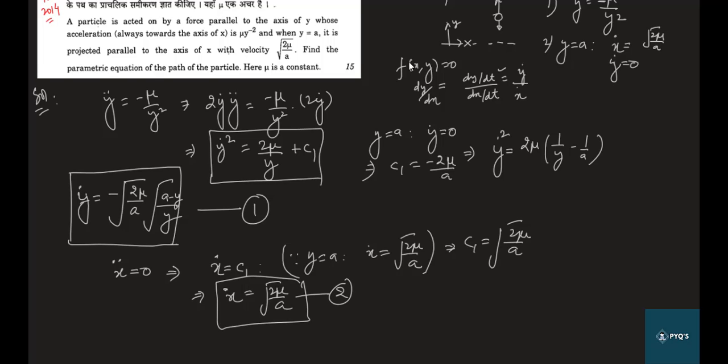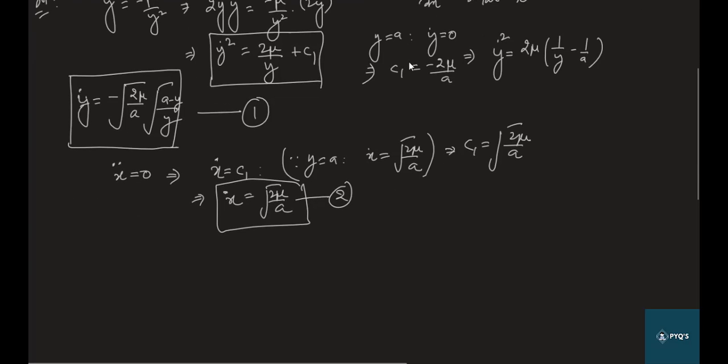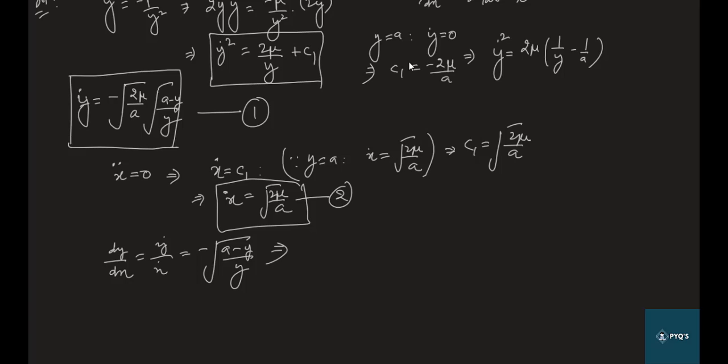Now as I have told you earlier, to find dy by dx, what can I do? I can do y dot upon x dot. So now if I divide these two things, I'll get minus root of a minus y upon y. Now you got this. Now to integrate this, you can try the variable separable method.